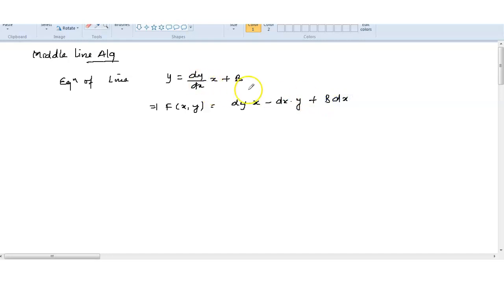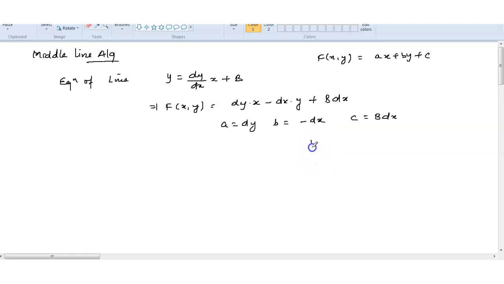I just cross multiplied and brought everything to one side. If you compare this with the general equation of a straight line, ax plus by plus c, here a is dy, b is minus dx, and the constant c is equal to b into dx.